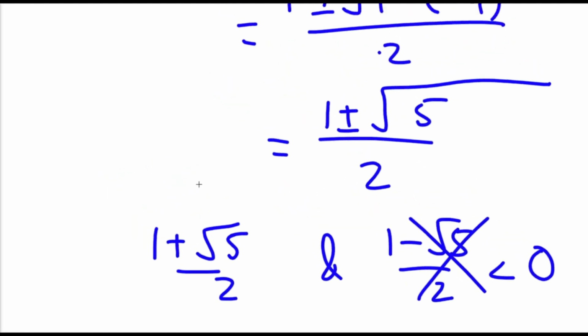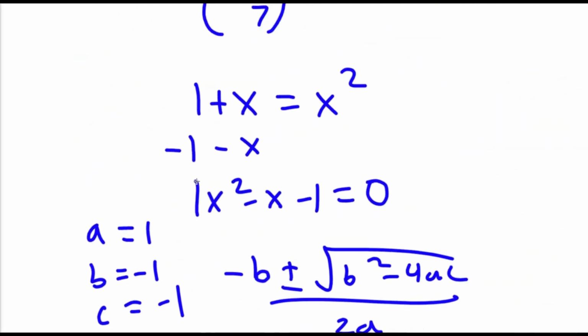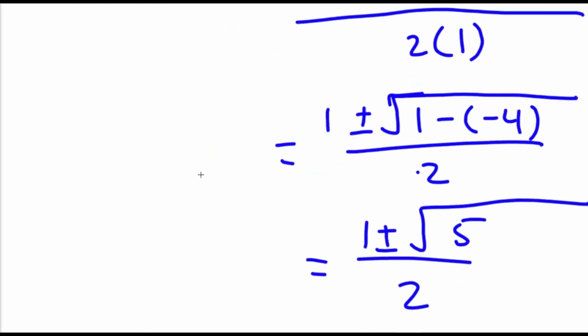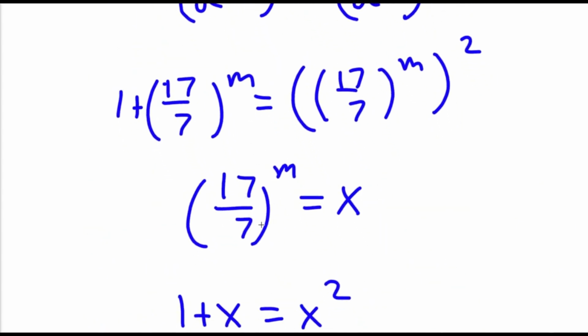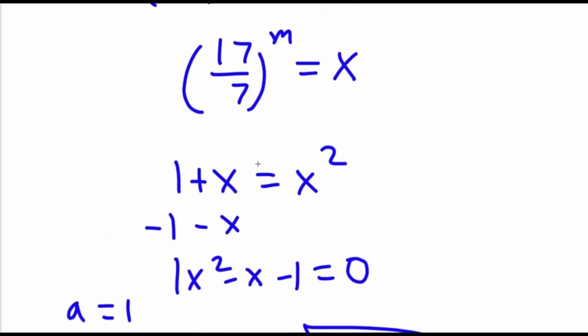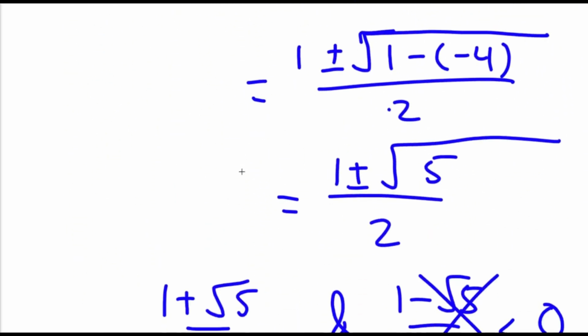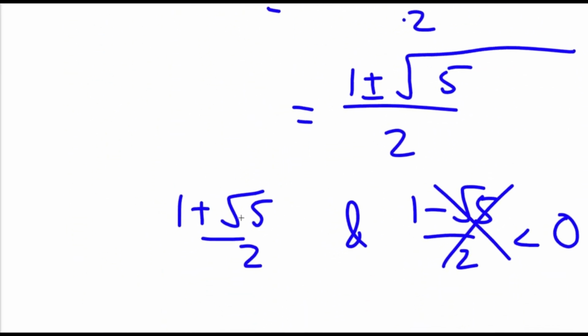However, we are not done yet, because remember how we set x equal to 17/7 to the power of m. So in this case, x is equal to 1 plus square root of 5 over 2, so this is equal to 17/7 to the power of m.